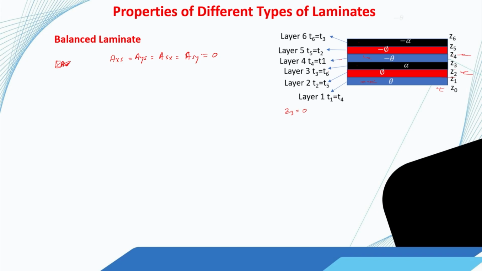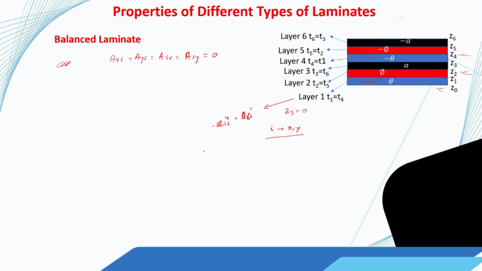Now, to prove that, let us look into the fact that we have QIS of layer 1, with I going over X and Y. Whatever QIS we have for layer 1 should be the negative of the QIS of layer 4, because these two plies have opposite angles of orientation, and we have seen that QXS and QYS, which we are calling QIS, are odd functions of m and n, that is, odd functions of theta.